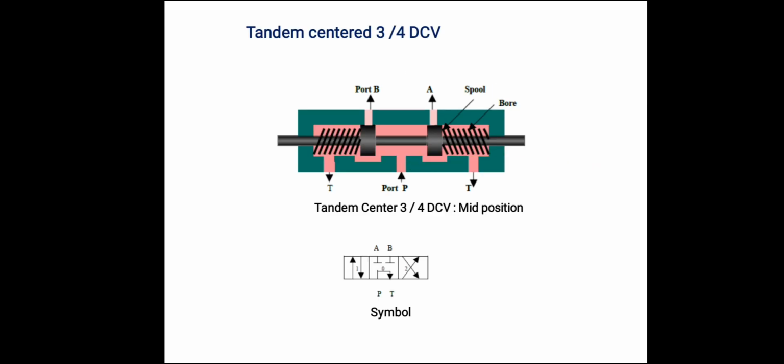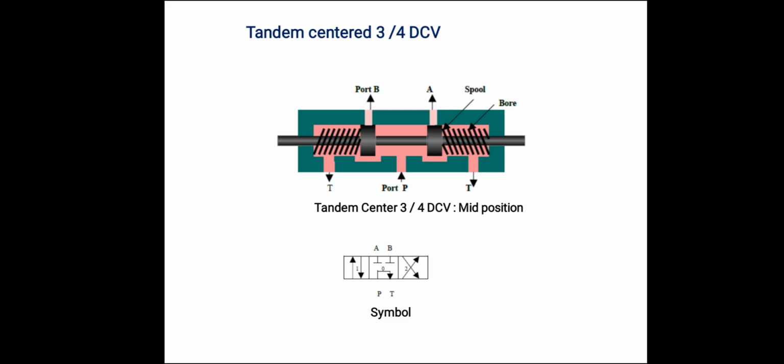So this figure shows the tandem centered 3-position 4-way DCV, that is direction control valve. In the center configuration, the working ports A and B are blocked, and the pump port P is connected to the tank port T. The tandem center also results in a locked actuator. However, it also unloads the pump at atmospheric pressure.